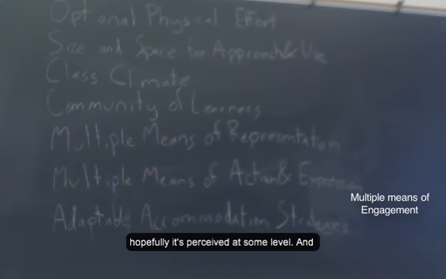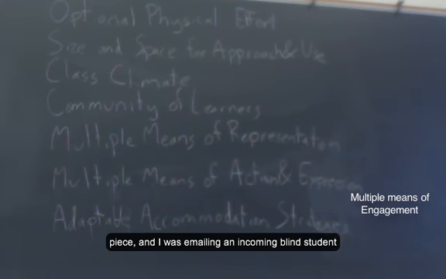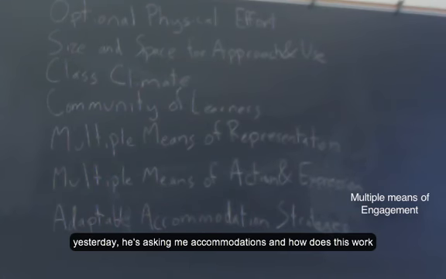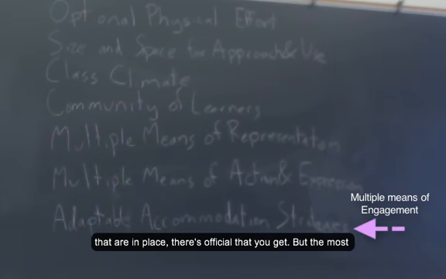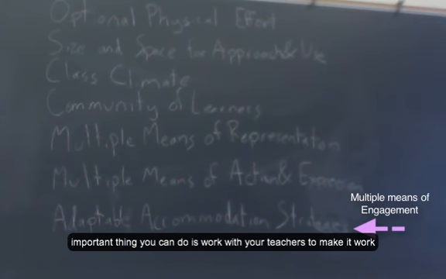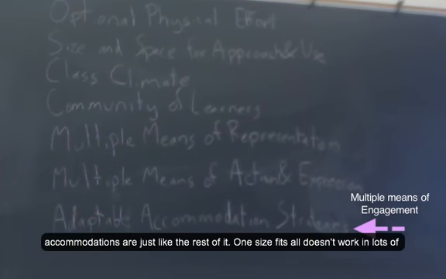And adaptable accommodation strategies. Yeah, that's that adaptable piece. And I was emailing an incoming blind student yesterday. He was asking me about accommodations and how this works. And I told him, yes, there's formal systems that are in place. There's official accommodations that you get, but the most important thing you can do is work with your teachers to make it work. Because accommodations are just like the rest of it.